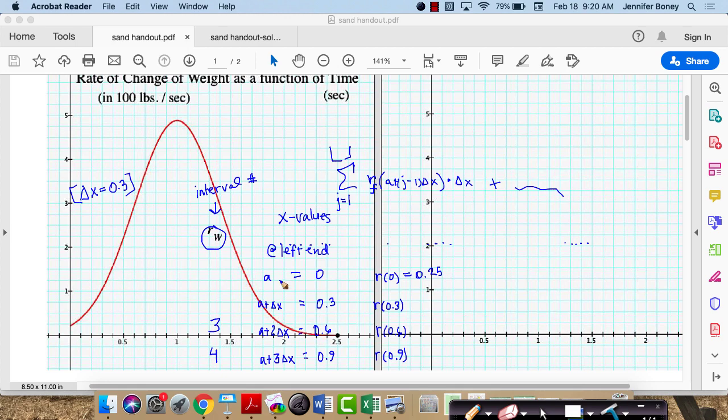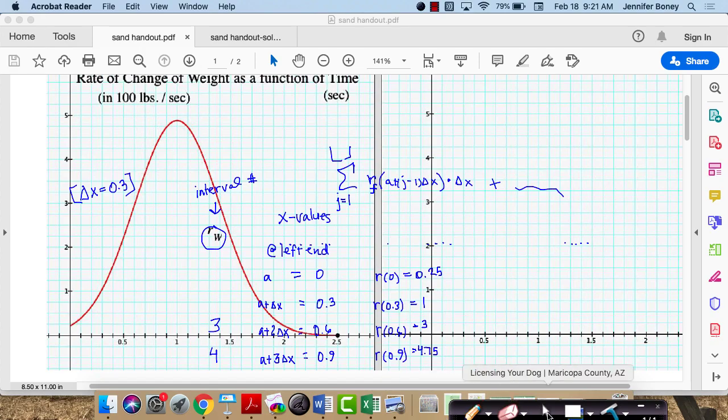R of 0.3 looks like about 1, just estimating visually, and this is 100 pounds per second then. R of 0.6 looks like about 3, meaning 300 pounds per second. And r of 0.9 is just to the left of this peak, looks to be 1 notch below 5, so I'll call it 4.75, since there are 4 tick marks per interval here.